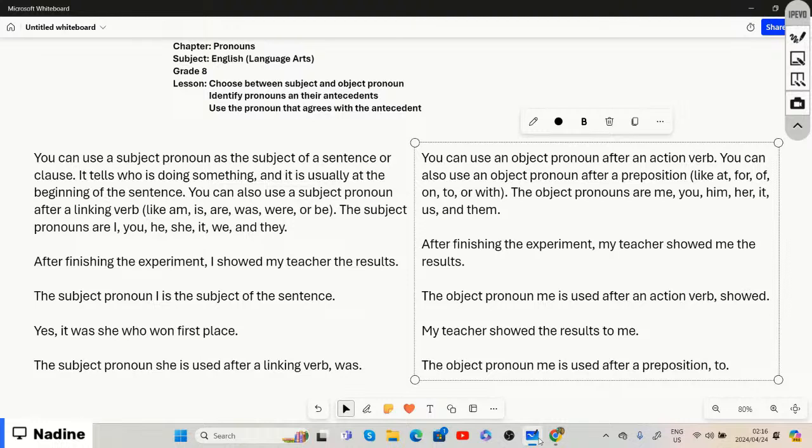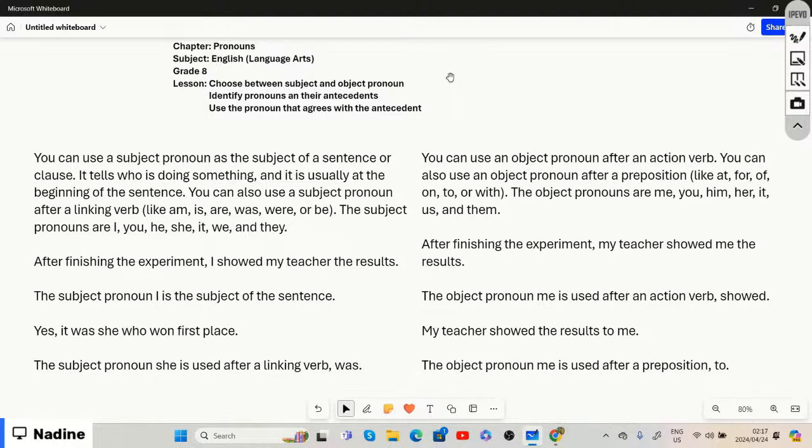So we said that we are going to choose between subject and object pronouns and identify pronouns and the antecedents.